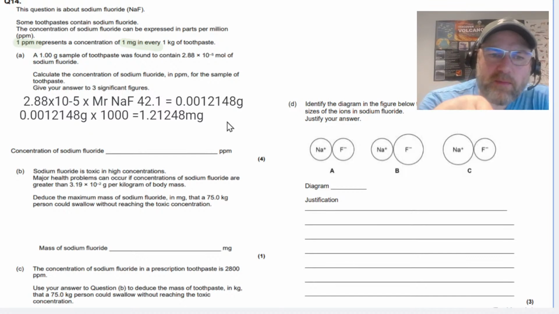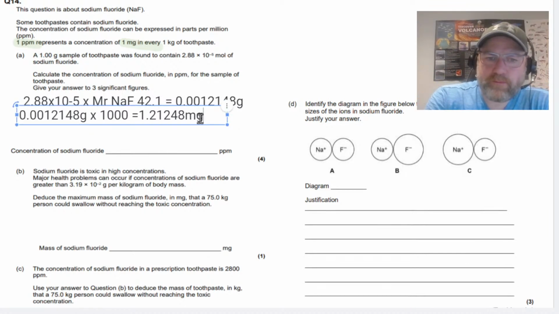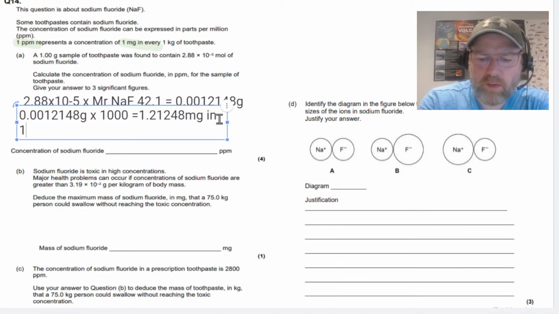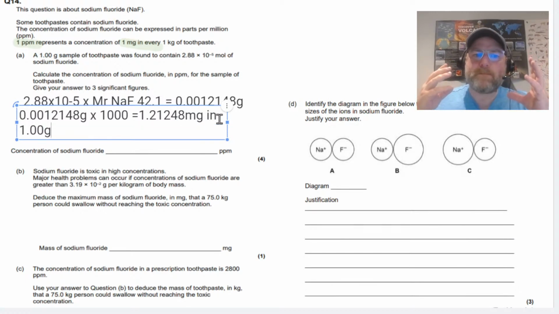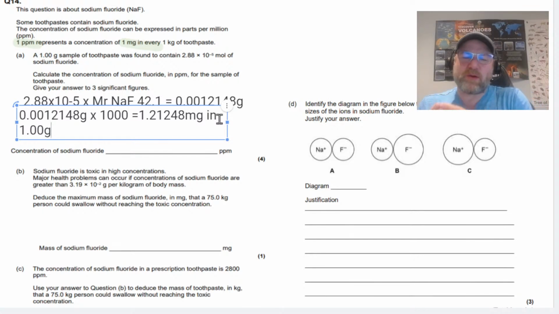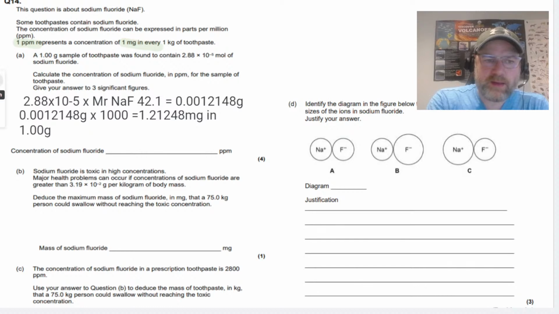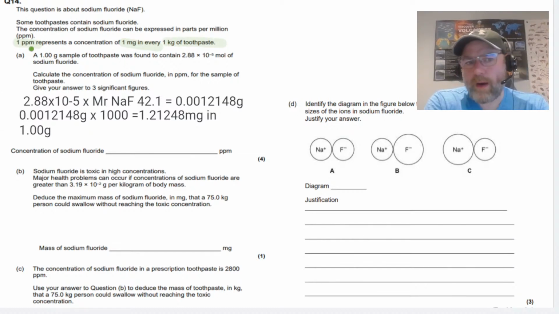So I now know how many milligrams I have of the sodium fluoride. So that's how many milligrams are in 1 gram of sodium fluoride. But in order for us to work out the concentration, it's got to be out of a kilo, because up here it says 1 kilogram of toothpaste. 1 part per million represents 1 milligram per 1 kilo.